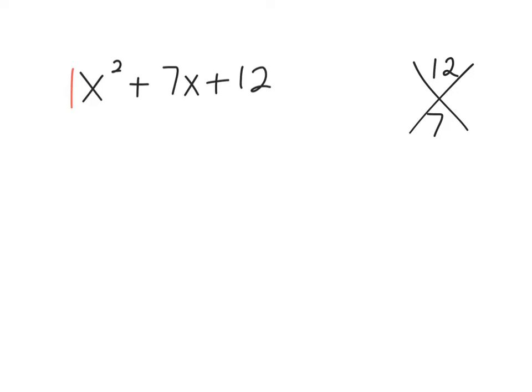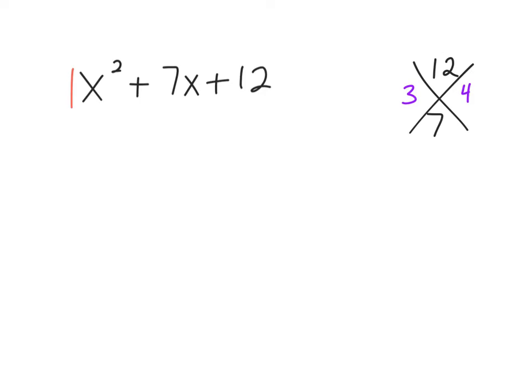Then what I'm looking for is two numbers that will multiply to the top and add to the bottom. If I chose 3 and 4, 3 times 4 gets me to 12, and 3 plus 4 gets me to 7. So 3 and 4 are my magic numbers there.